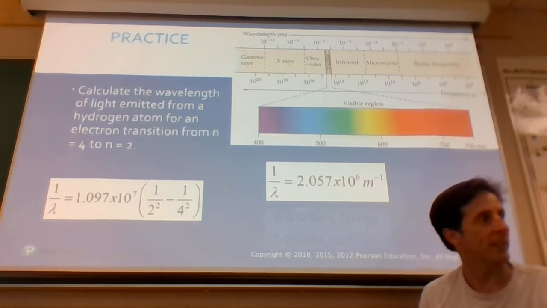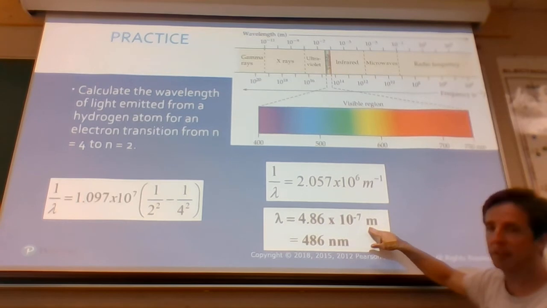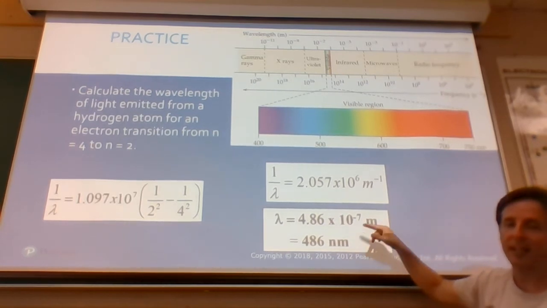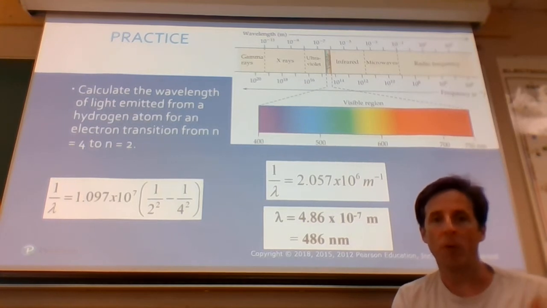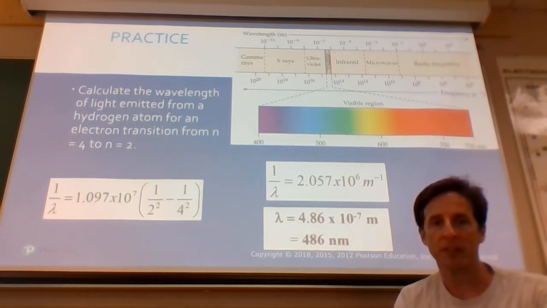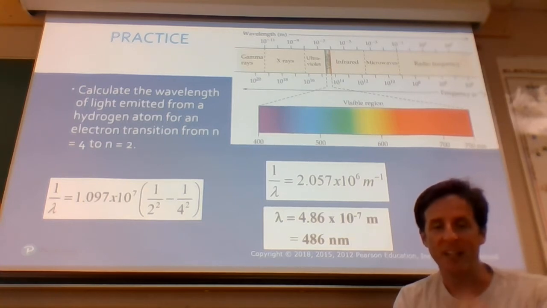So my final answer is going to be 4.86 times 10 to the minus 7 meters, which again, we've learned you should know that the visible range is 400 to 700 nanometers. That is 4 times 10 to the minus 7 to 7 times 10 to the minus 7 in meters.